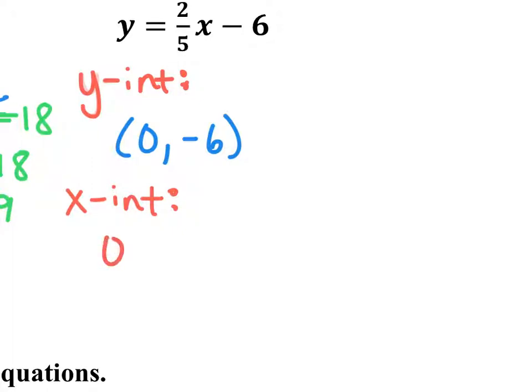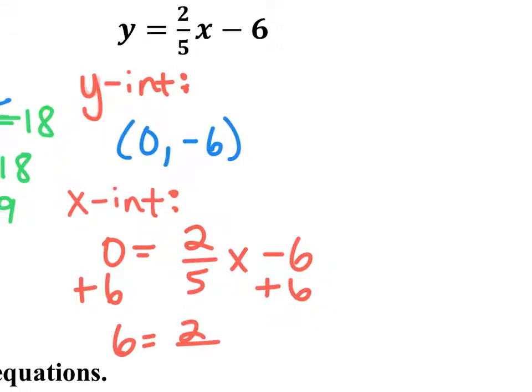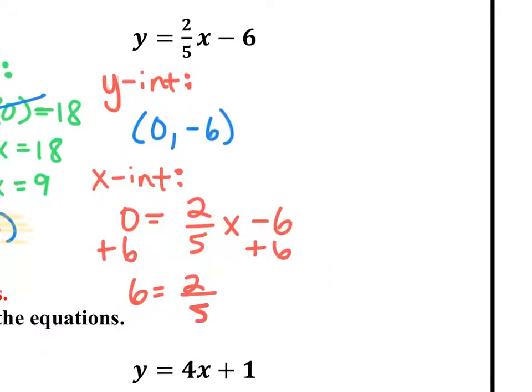So it would be 0 is equal to 2/5 x minus 6. Then you add 6 to both sides because you're solving for x. So 6 is equal to 2/5 x. How do I get rid of a fraction? Yeah, multiply by the reciprocal.